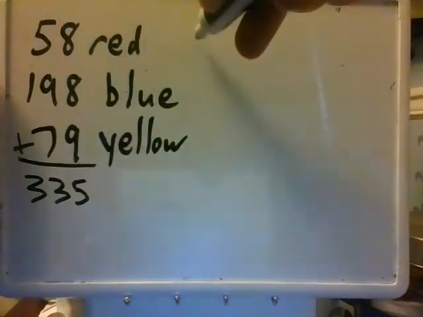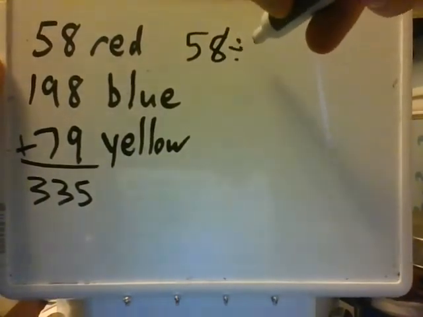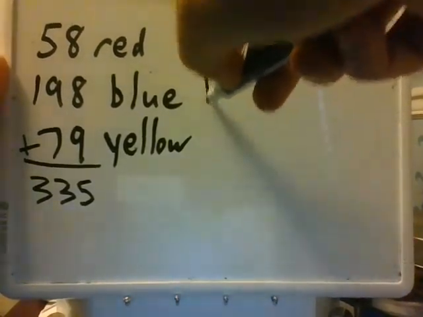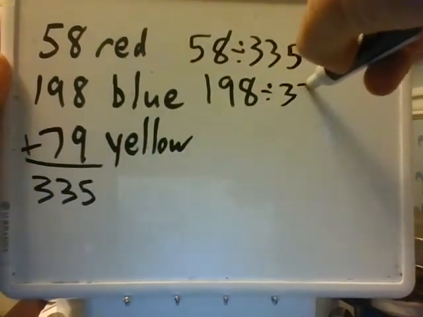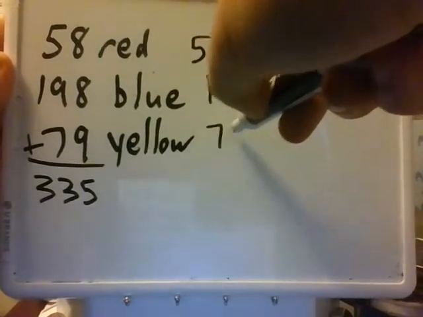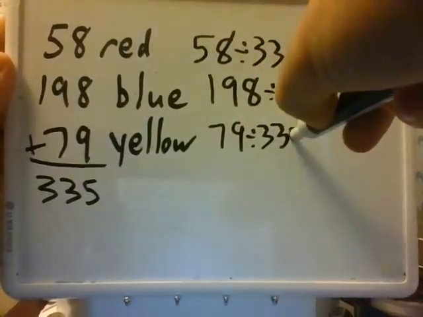So let's write them all out: 58 divided by 335, 198 divided by 335, and then 79 divided by 335.